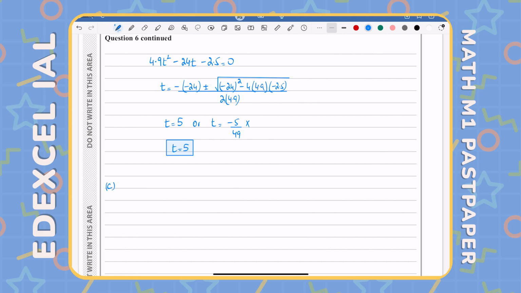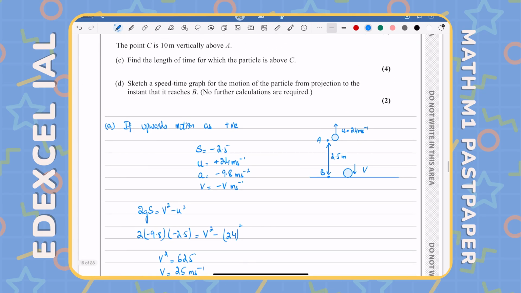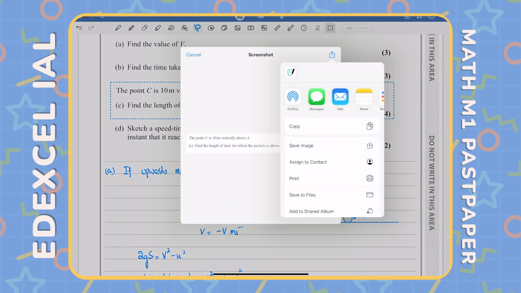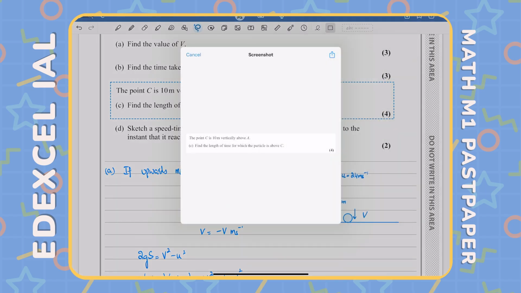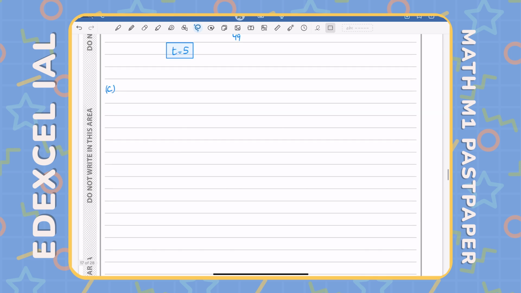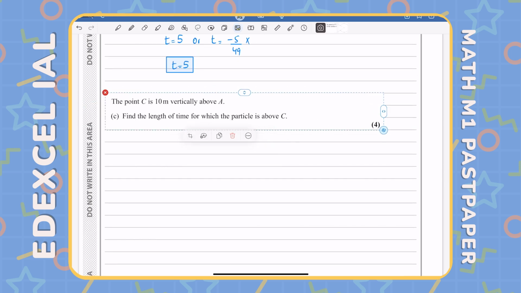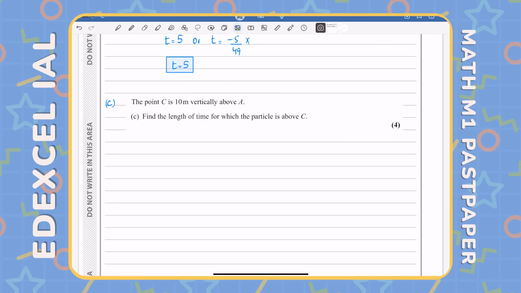Now let's read what part C says and solve it. Part C says the point C is 10 meters vertically above A. Find the length of time for which the particle is above C. Okay, so once again, it's very important that we visualize this. We make a rough sketch. I can never emphasize that enough. So the situation that we're in looks something like this.